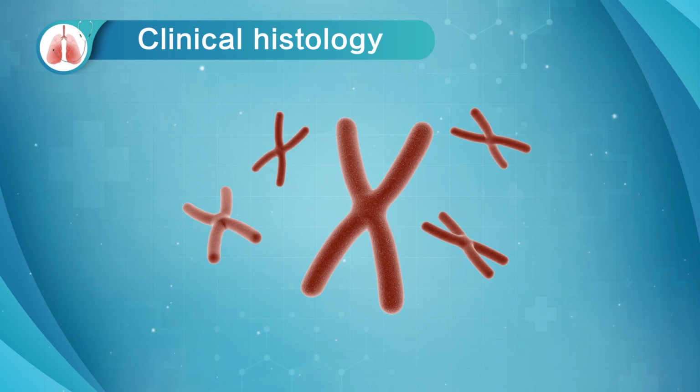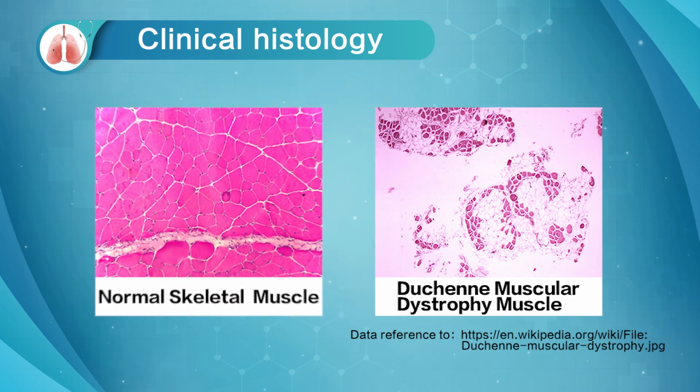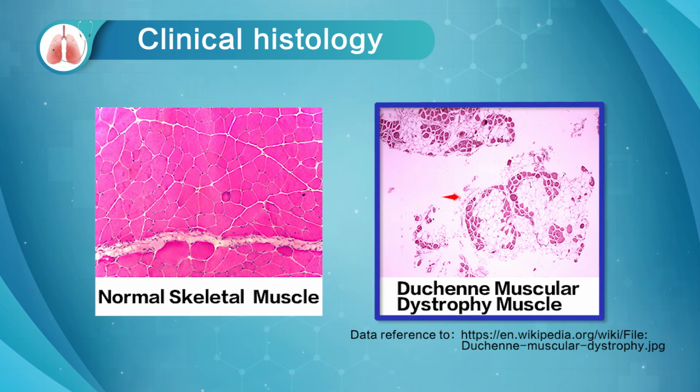DMD is an X-linked hereditary disease caused by the absence or defects of dystrophin protein. Abnormality of dystrophin protein leads to damage and degeneration of muscle cells. In response, skeletal muscle will regenerate new fibers, giving rise to many small muscle cells.